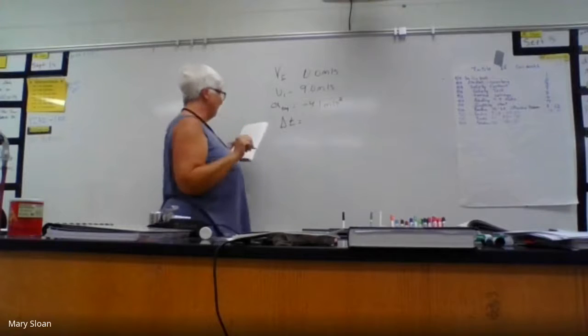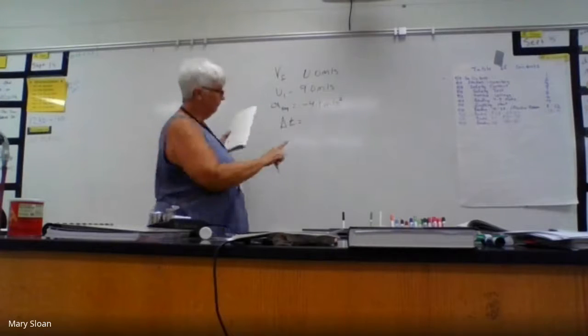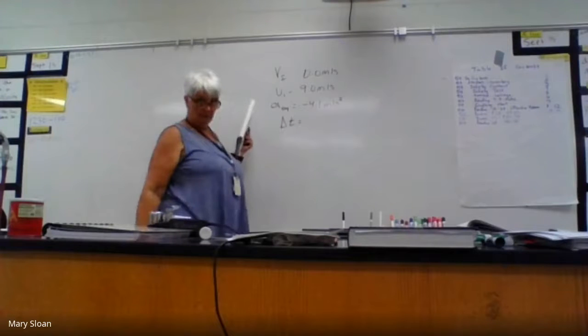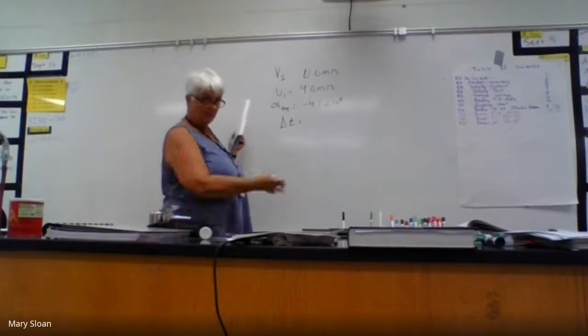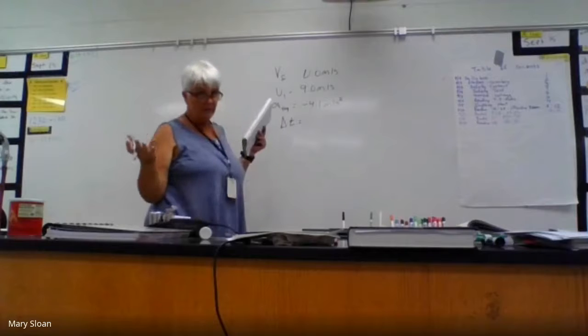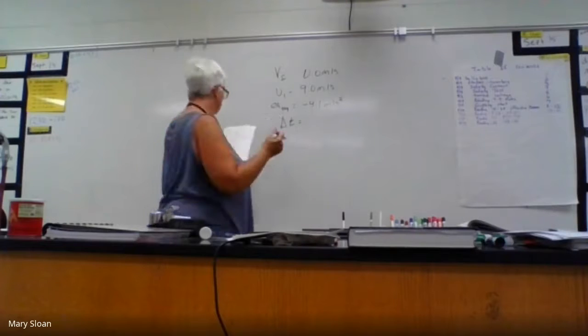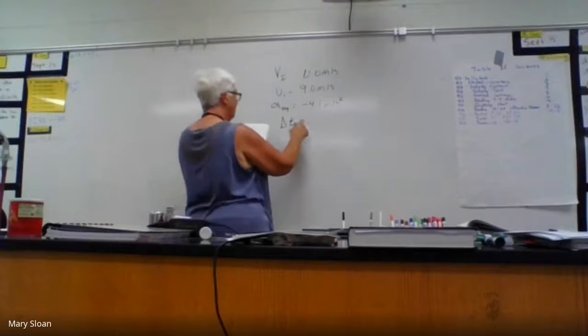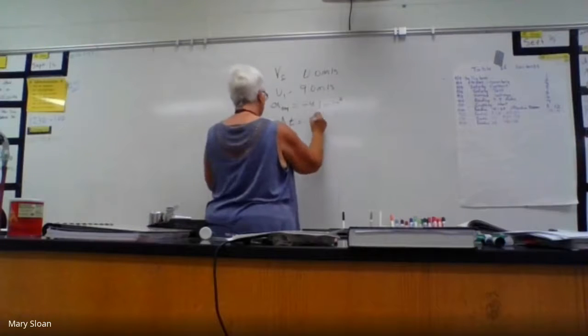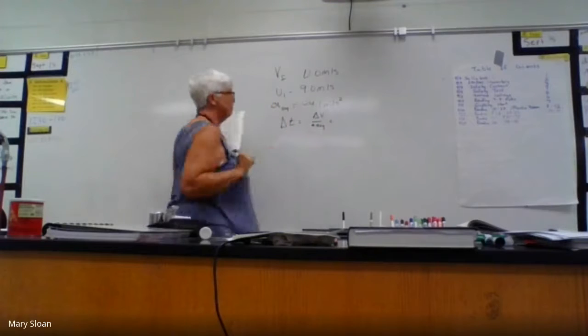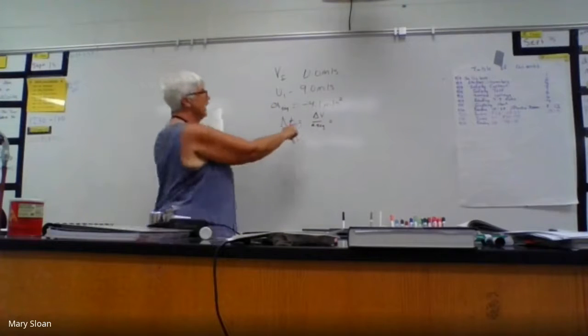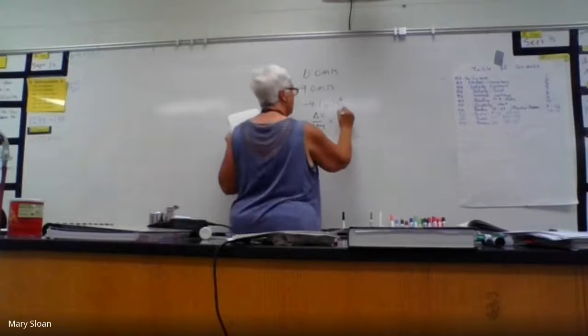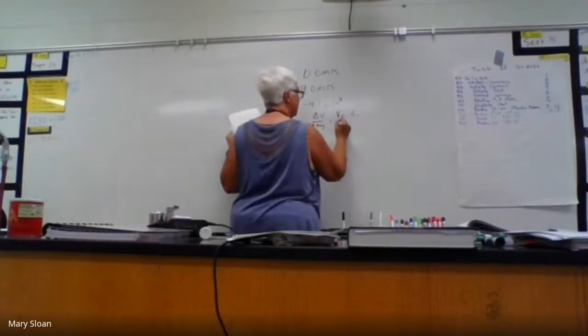What are we trying to find? Change in time. See? So we did this on our practice problem, didn't we? So the change in time equals the change in velocity over the average acceleration, right? We know that our change in velocity is velocity final minus velocity initial.